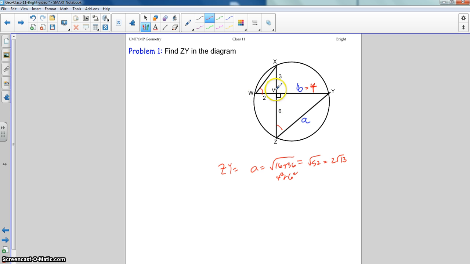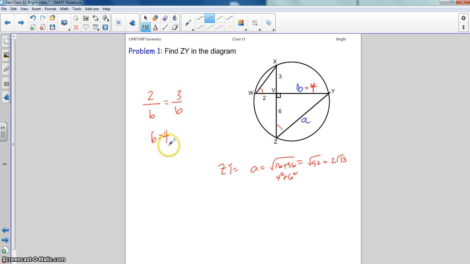Now, the other way that you can do this using the power of a point theorem more directly is you can say that, to find B, the ratio of the short part of the chord to the long part of the chord, the ratio of 2 to B, is going to equal 3 to 6, and then we can solve and get B is equal to 4. 3B is equal to 12, divided by 3, you get 4.